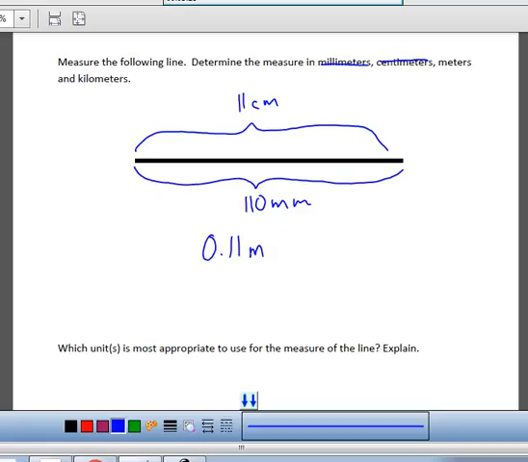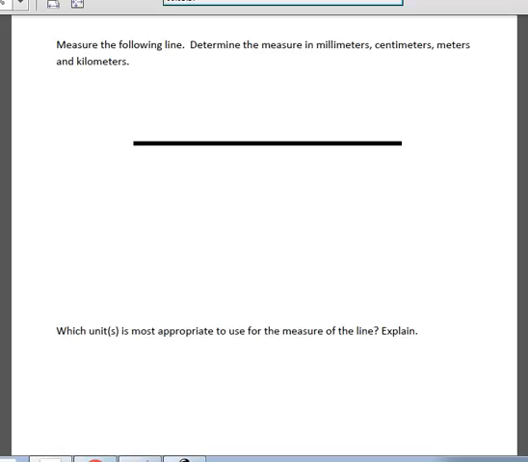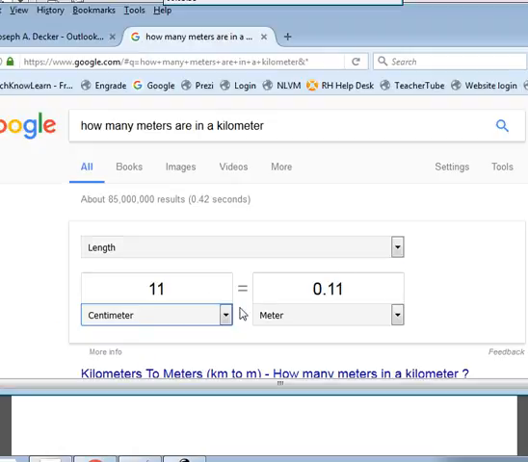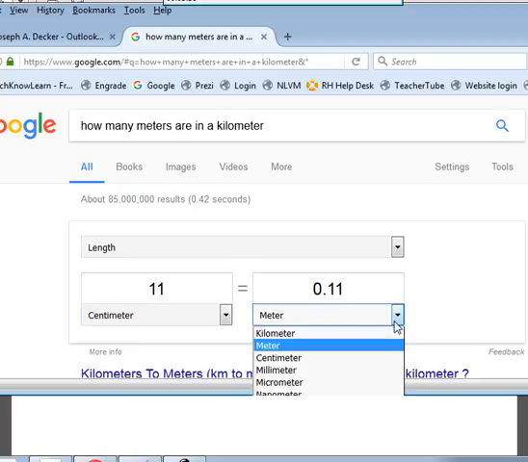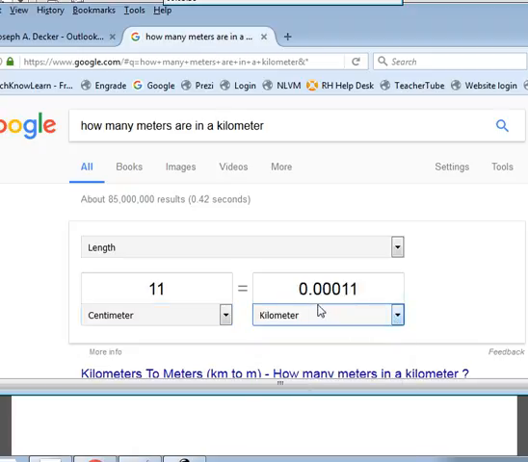Now let's try kilometers and change that. It's actually pretty easy. Let's come back over. Now over here on this side, instead of meters, I'll change it to kilometers. And when you look at that, you get tenths, hundredths, thousandths, ten-thousandths, hundred-thousandths.